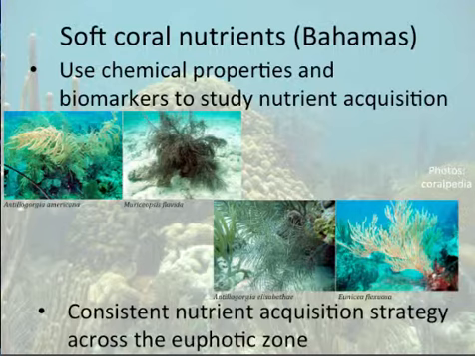These soft corals are also called octocorals, and I looked at 4 different species across the euphotic zone, a limited depth range where there is abundant light, and I used biomarkers and other chemical properties to study their nutrient acquisition strategies. In these four morphologically variable soft corals, I found that their nutrient acquisition strategy was essentially the same, regardless of species and regardless of their habitat across the limited depth range that I studied.